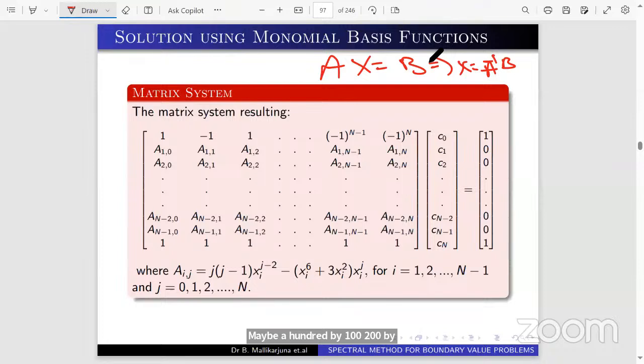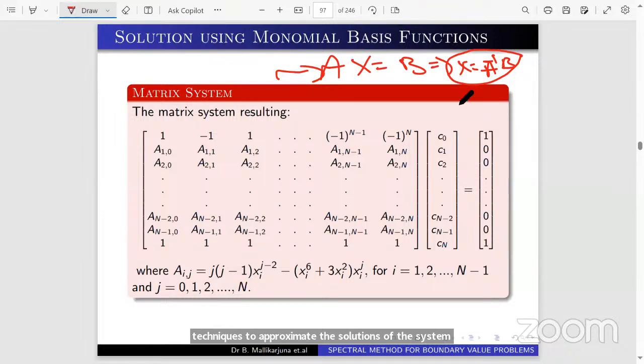Use this formula, x is equal to A inverse of B. Or otherwise, we know methods for approximating the solution of the system of equations numerically: Gauss-Seidel method, Gauss-Jordan method, Thomas algorithm, LU decomposition, Cholesky decomposition. There are many techniques to approximate the solutions of the system of equations.